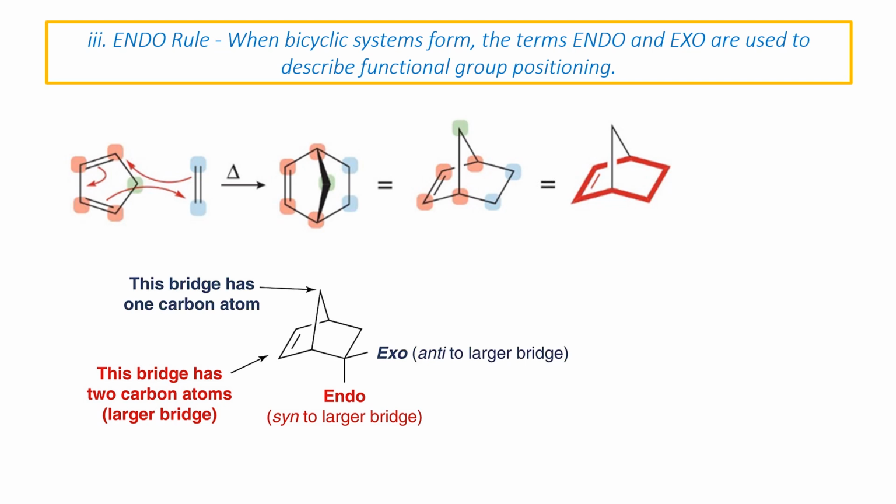Before that, we have to look at the terminology of what exactly a bridgehead is, and what exactly endo and exo are relative to that bridgehead. The exo is a species that is anti to the larger bridgehead. The endo is a species that is syn to the larger bridgehead.